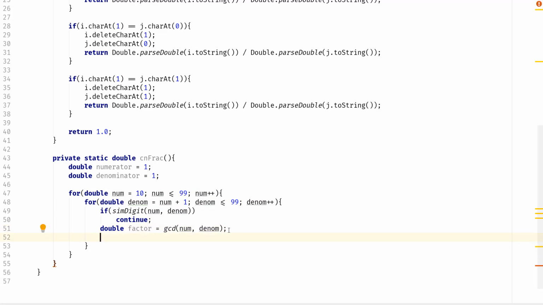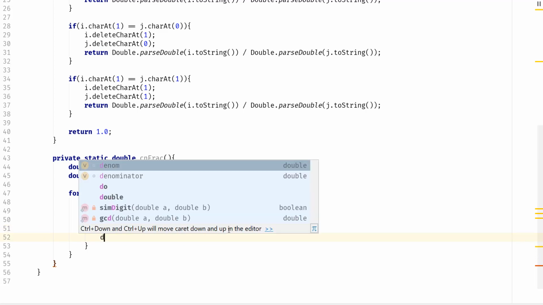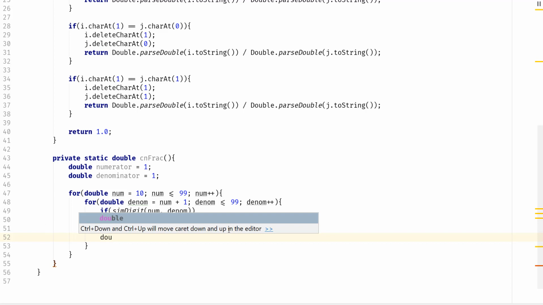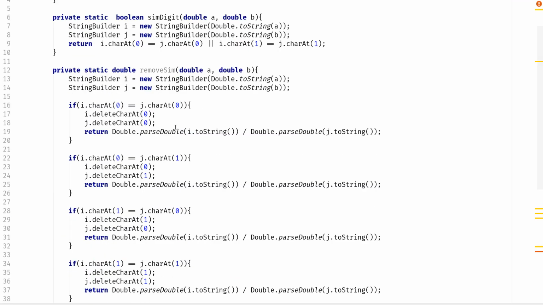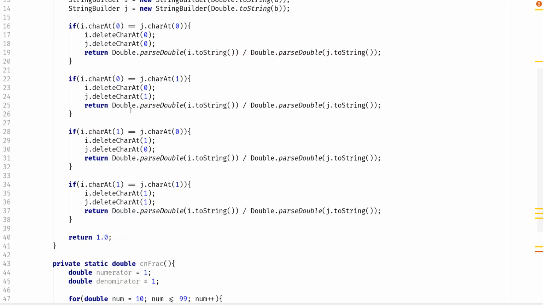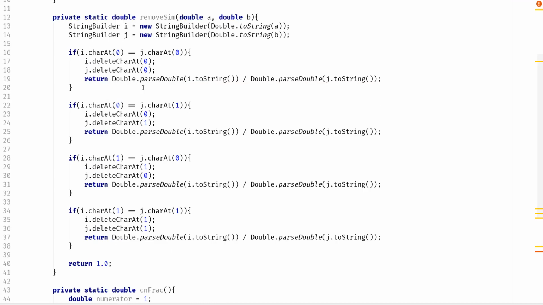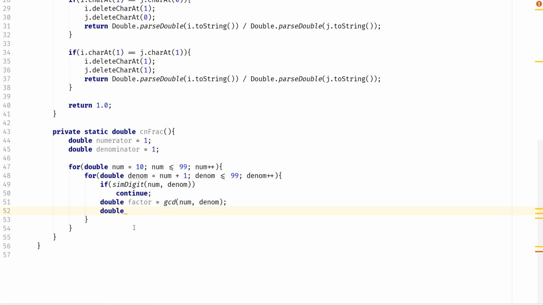Next what we want to do is get that reduced form, and that reduced form is going to come from our remove sim function here. Okay, so remember that we had 30 and 50, then we want to remove the last zeros, right? So eventually we're just going to get 3 and 5. So we take 3 divided by 5, and then it's going to return that answer here.